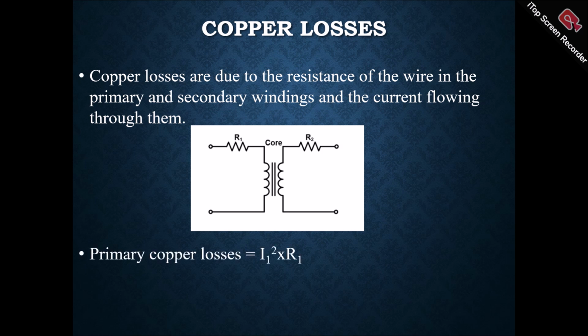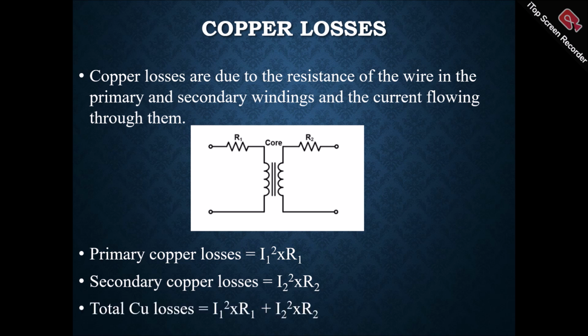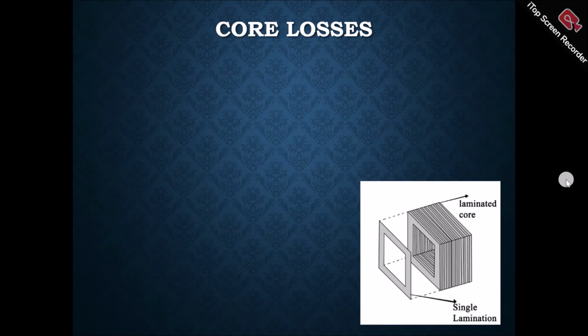That's why copper loss due to the primary winding is I1 square multiplied by R1. Similarly, copper loss at the secondary side is I2 square multiplied by R2. So total copper loss is the power loss due to the primary coil plus the power loss due to the secondary coil. Now next is core losses.